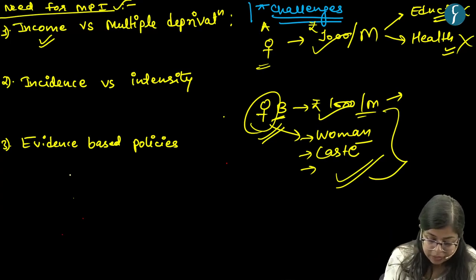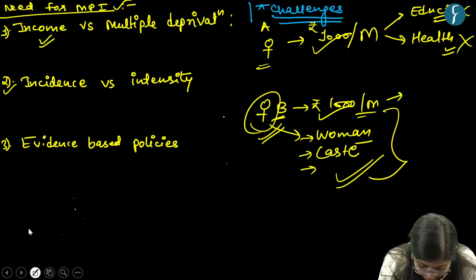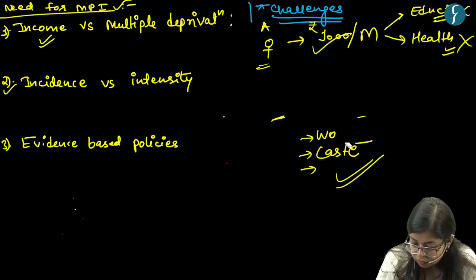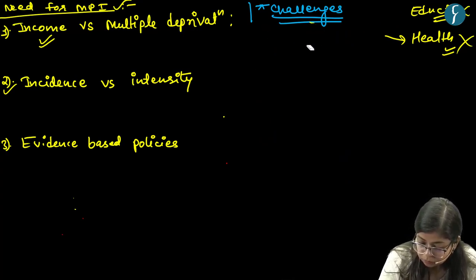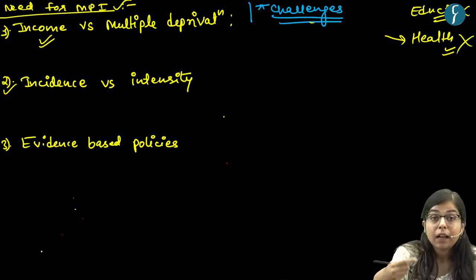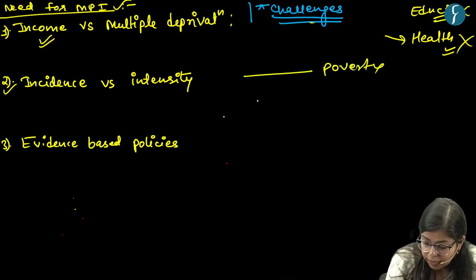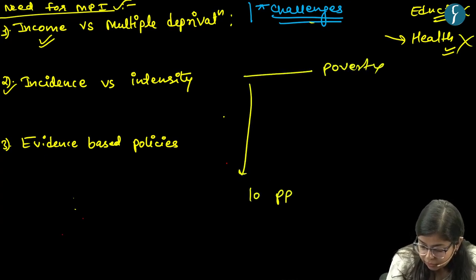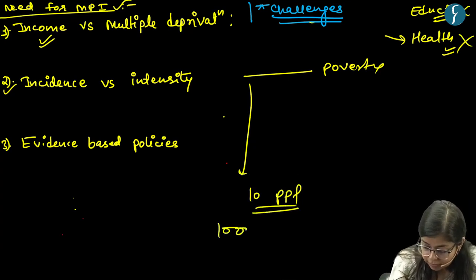The second thing is incidence versus intensity. This is nearly same, these concepts are related, but see the difference. So in earlier kind of estimation, there was a poverty line, right? And say there are 10 people in the country, just for an example, who earn less than 10,000 rupees per month, right?